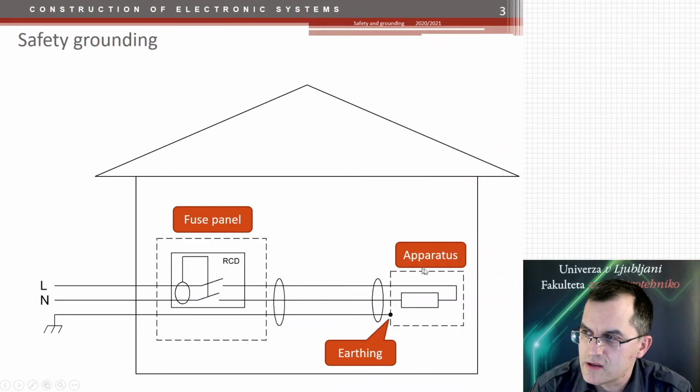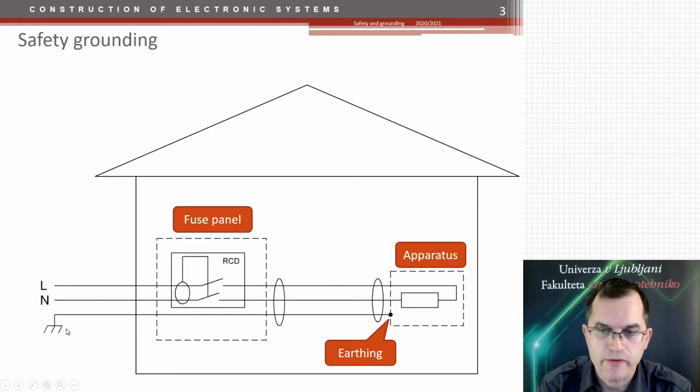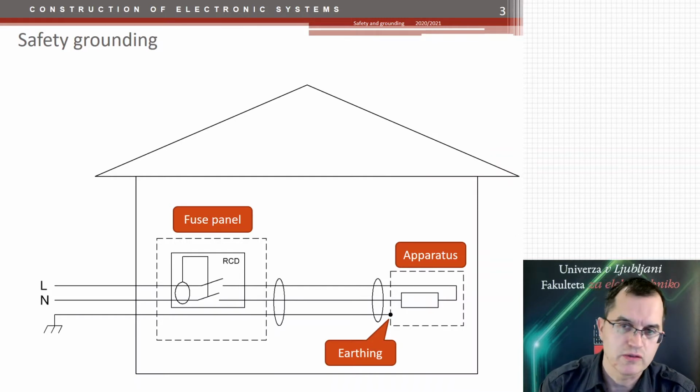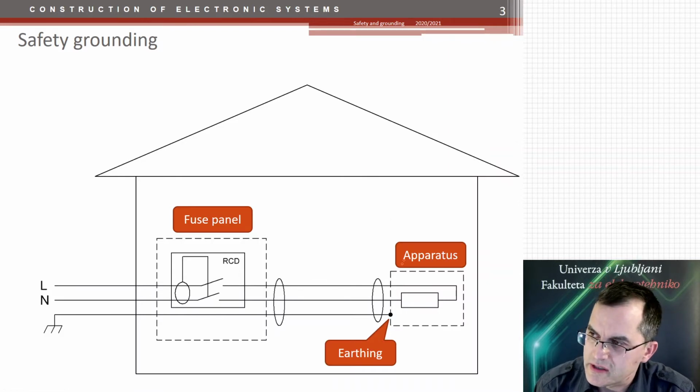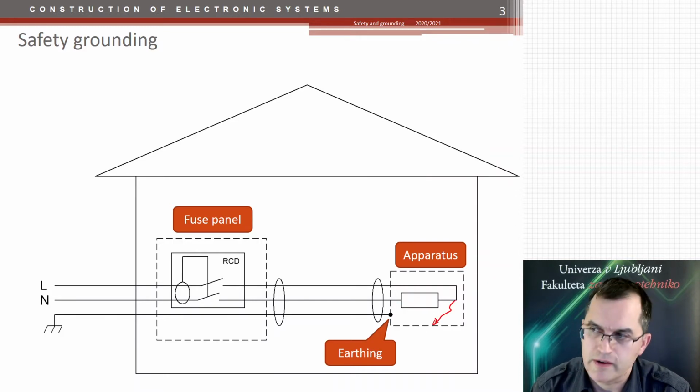So the case of this apparatus is connected to the earth. Earth potential is the reference potential where everything is referenced to. For example, we are standing on the ground, therefore our potential is similar to the earth potential. And if there is a short circuit connecting, let's say, line to the case of our apparatus, we can touch this case and we can get electric shock.